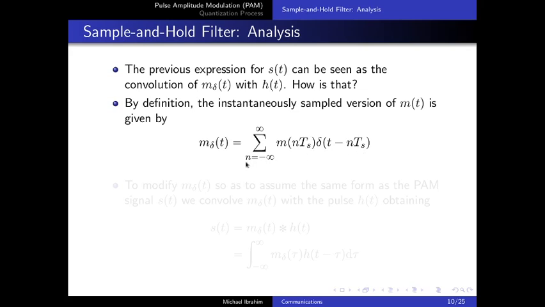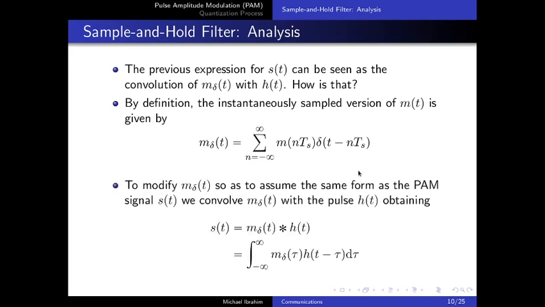This basically was multiplying m of t with a train of impulses, and after you multiply the function with an impulse, you only get the value of the function at the instant where the impulse happens. So instead of m of t, you will get m of nTs. And we have discussed this in detail in the previous lecture.